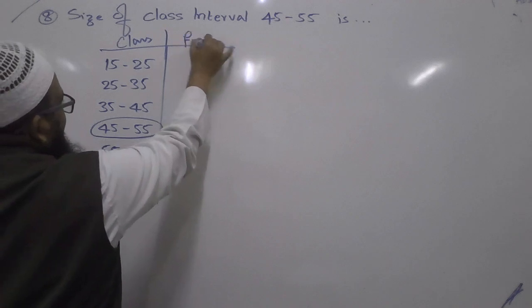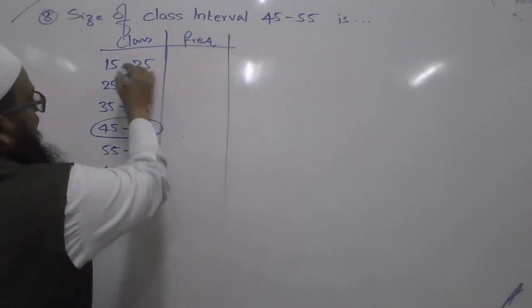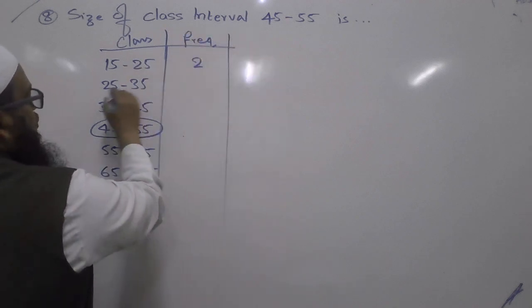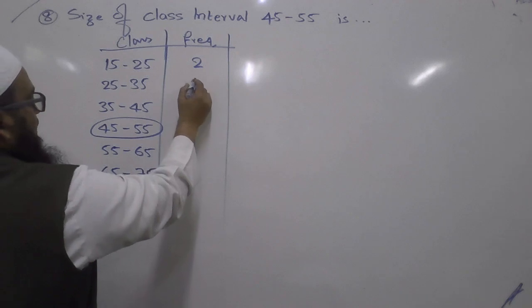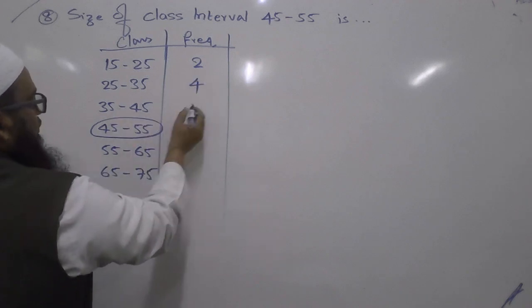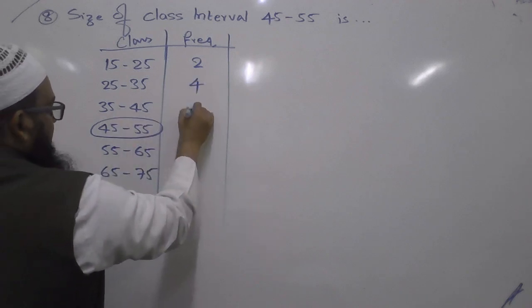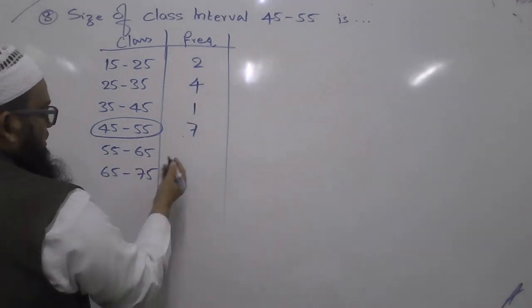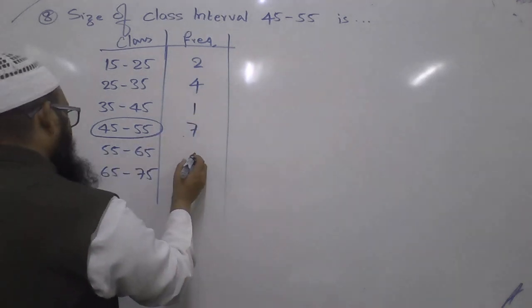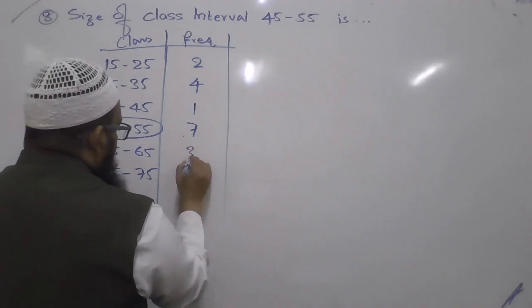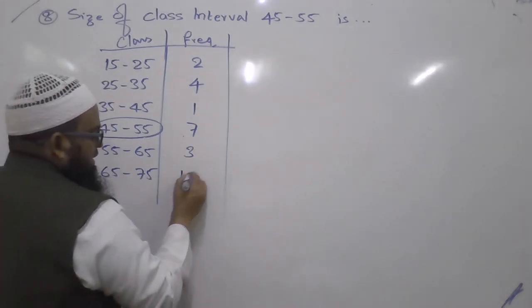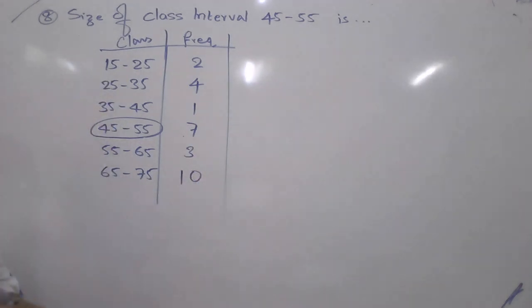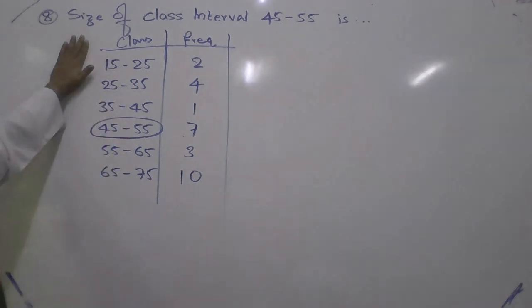In frequency, what did we write? 15 to 25, let us take there are two students, 25 to 35, there are four students, 35 to 45, there is one student, and 45 to 55 we have seven. 55 to 65 you have, let us say, three, and 65 to 75 let us say we have 10 students. So this we call the frequency distribution table.